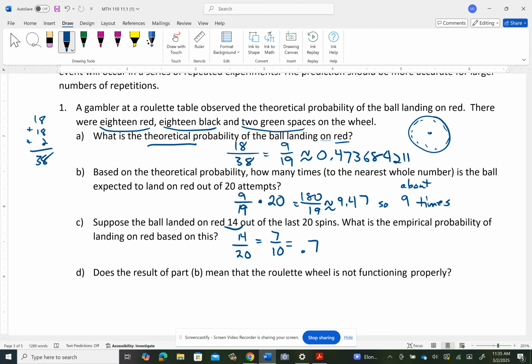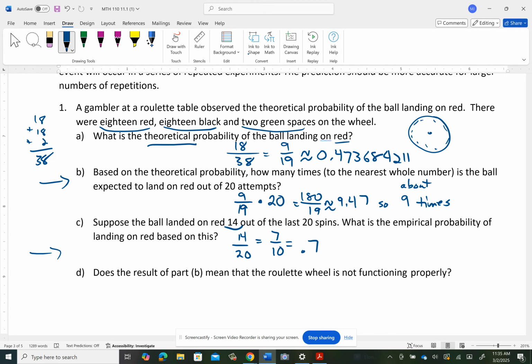Okay. So does the result here, that we would expect the ball to land on red about 9 times and it landed 14 times, mean it's rigged? Does that mean the roulette wheel is not functioning properly?